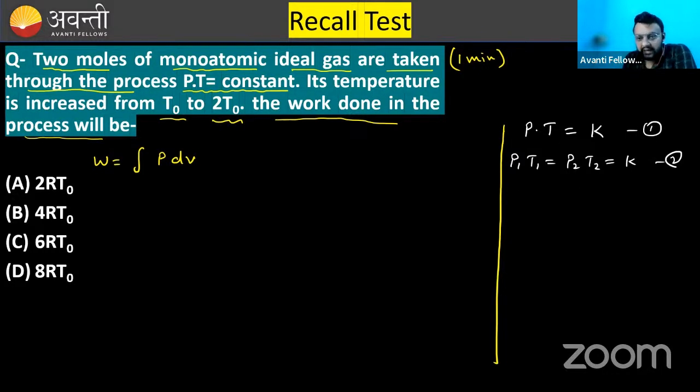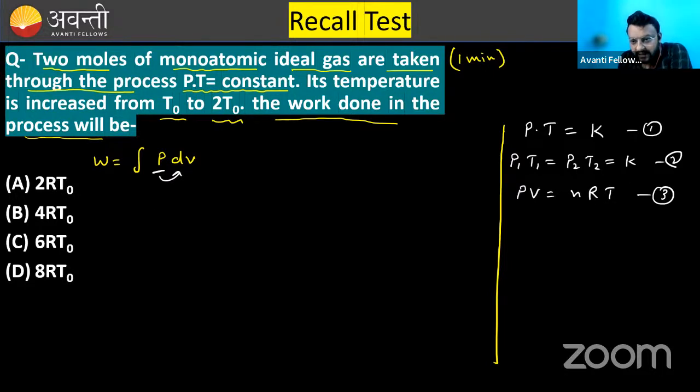And we again know that PV is equal to nRT. Is it clear? These three things we know, and what we need to do is put the value of P in terms of V, because we are going to integrate in terms of V. So try to manage things like that.